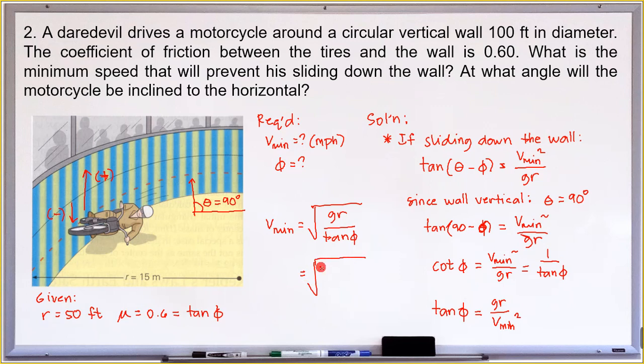Substituting the values, G is 32.2, the radius is 50 feet, divided by tangent of phi, which is 0.6. The expected unit is feet per second.